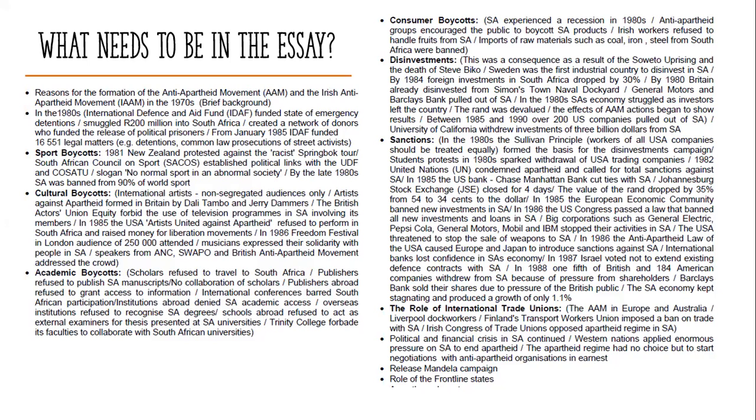So in the 1980s, they started the IDAF, the International Defense and Aid Fund. IDAF, sometimes it's in, sometimes it's not, so I'd include it just to be safe, but it's basically other countries giving money to South Africa so that they can pay for the court cases of people or activists that get arrested by the apartheid government.